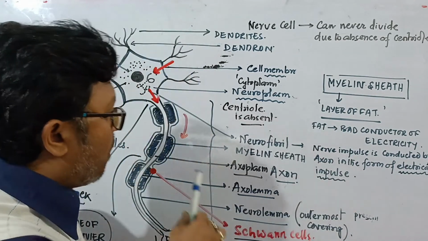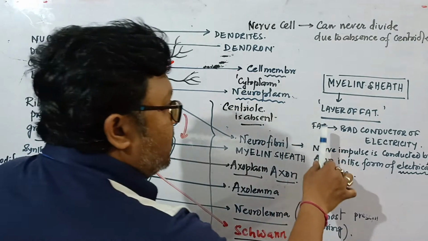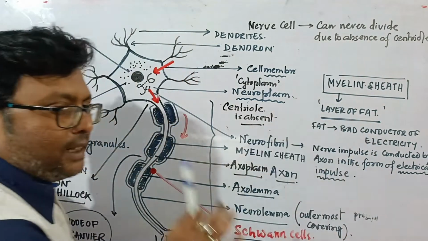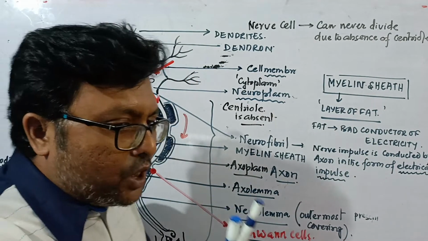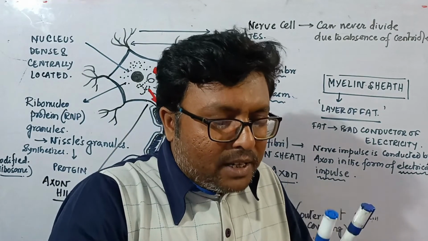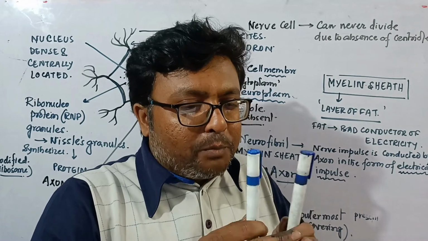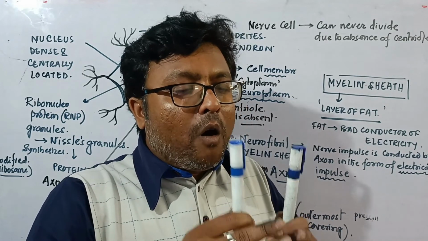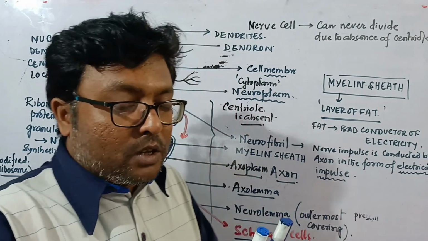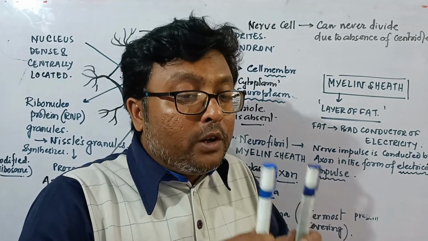Obviously the layer of fat, that is the myelin sheath, which is present just outside the axolemma. It prevents mixing of nerve impulses flowing through two different neurons.